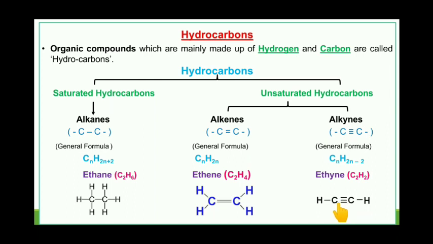Now one valency remains on each carbon, so you can draw one line beside each carbon atom and attach the hydrogen. So the formula C2H2 can be represented in the form of a structure this way.